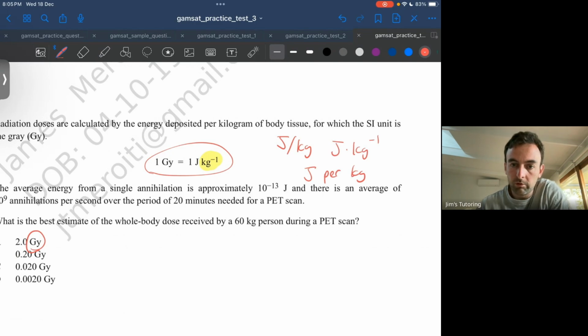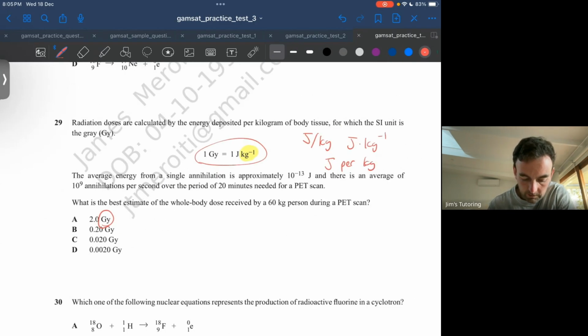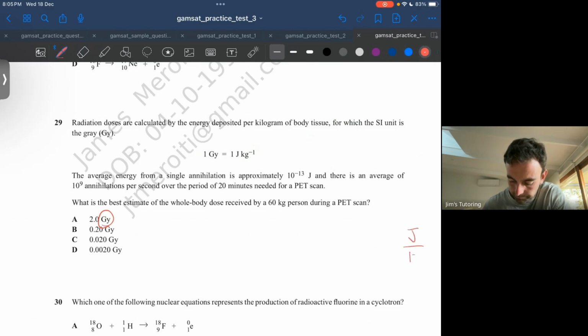These are all three ways which mean the same thing. So if you see any of these, it means that that unit is in the denominator, okay? So joules per second, that's one. There's your -1. Even something like needed for a PET scan can give you a hint about where it is. Anyway, going back to our units, we need grays, which are equal to joules per kilogram.